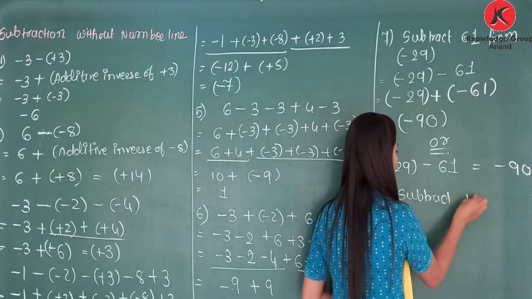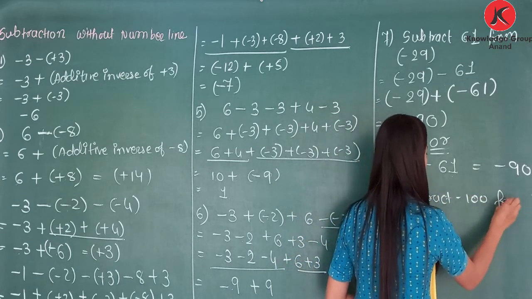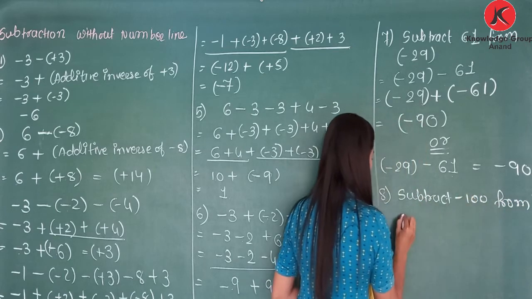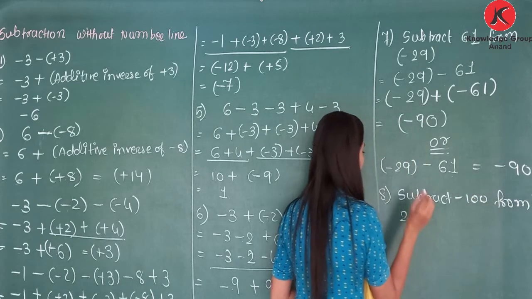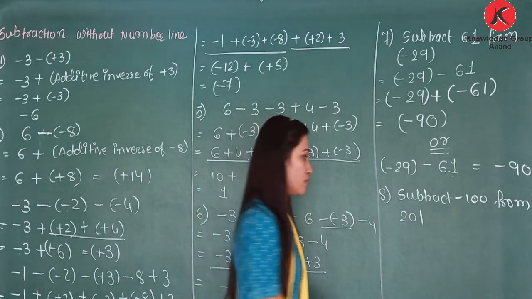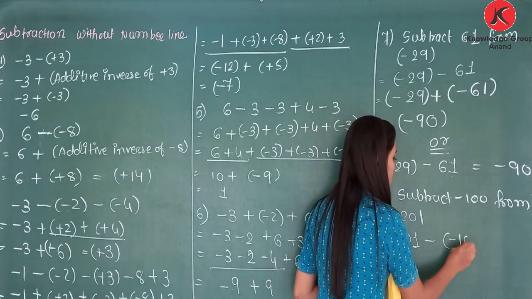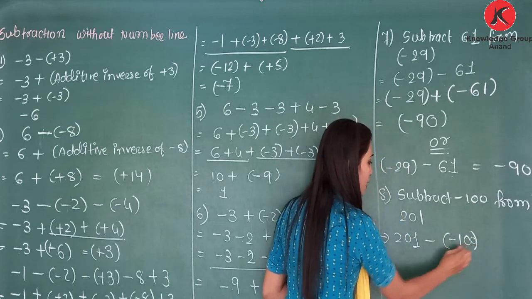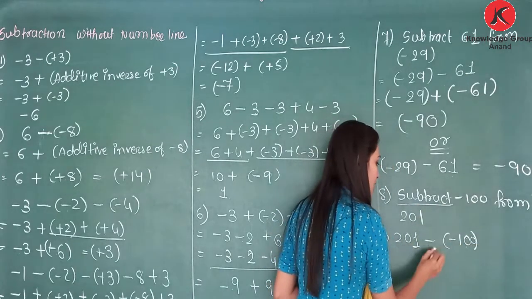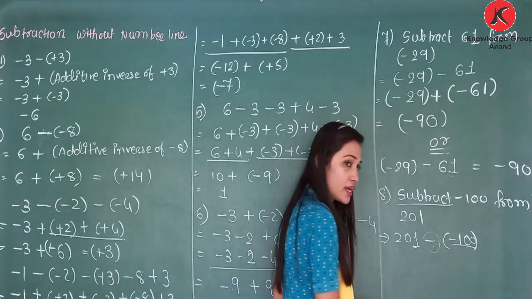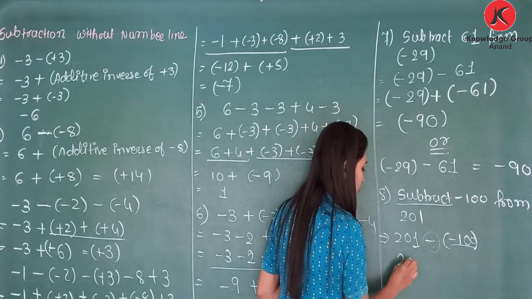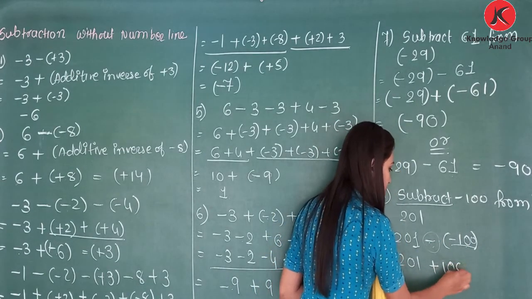Subtract minus 100 from 201. Means from 201, subtract minus 100. Now here two signs are there. Subtraction sign is this one, minus 100 is there. So minus minus plus 100.